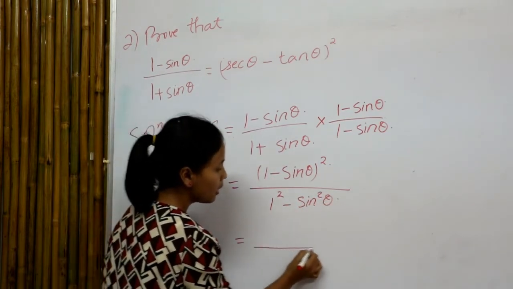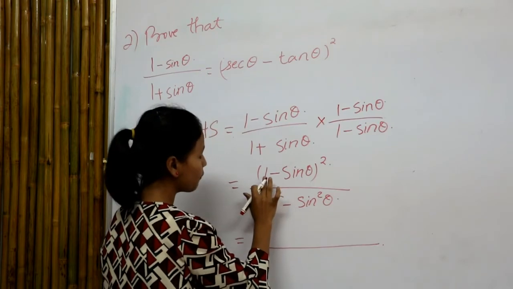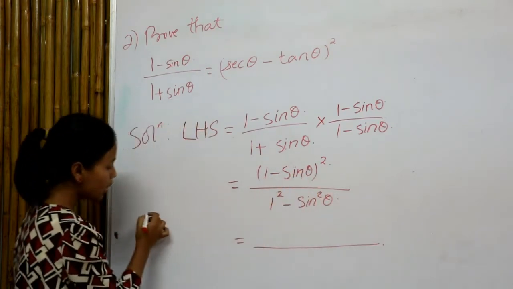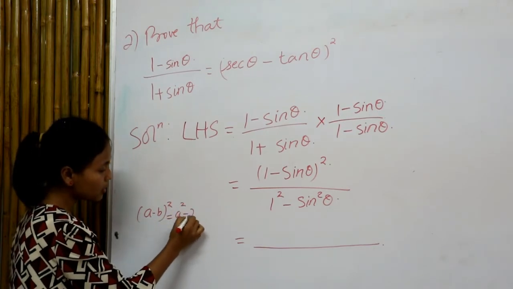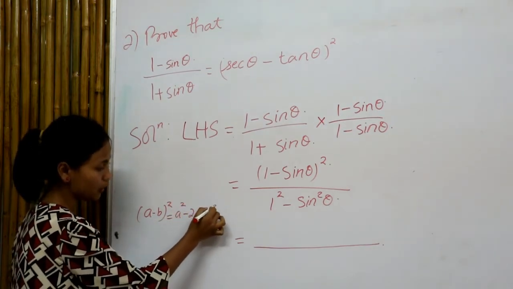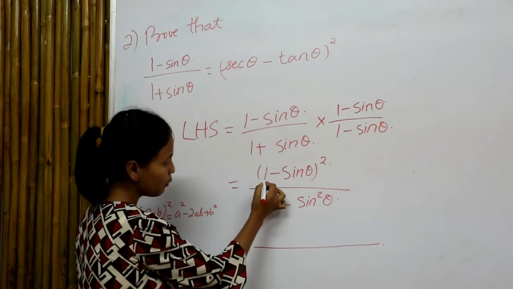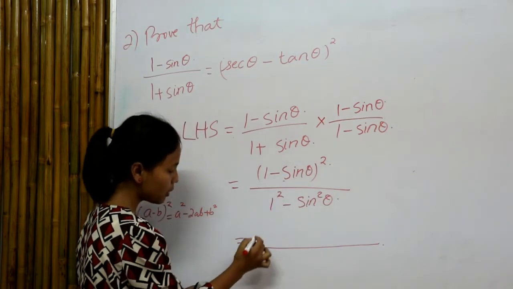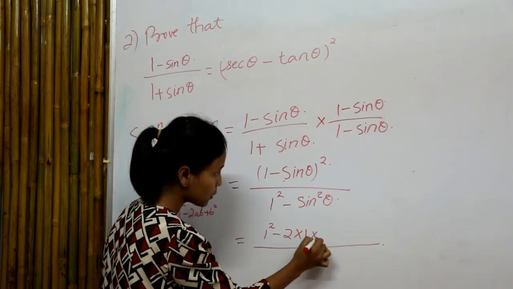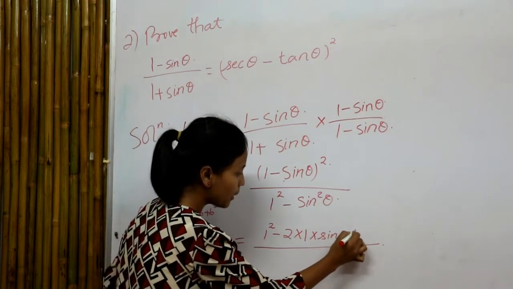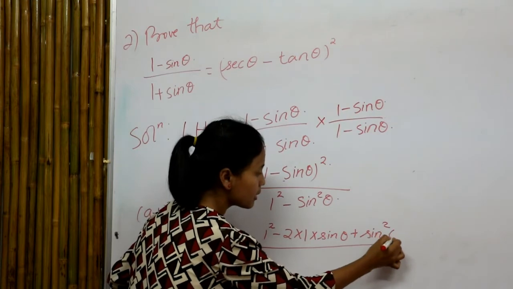Alright, so let us use that formula, a minus b whole thing square is a square minus 2ab plus b square. Right, so 1 minus sin theta whole thing square will be 1 square minus 2 into 1 into sin theta plus sin square theta.